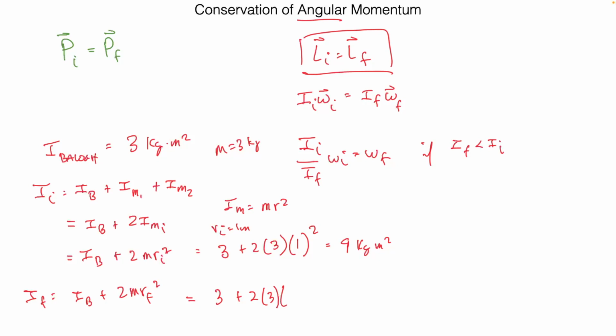Maybe a little less. We'll use 30 because it's 0.3 squared. So we're saying our final radius is 30 centimeters. At least that's what I have in my notes. I got 3.54 kilogram meter squared. Okay. And let's say, how fast was I going initially?